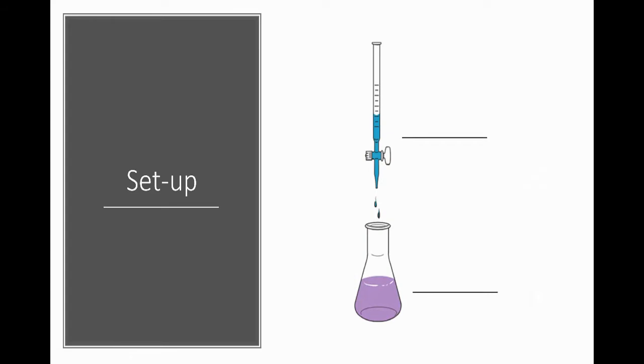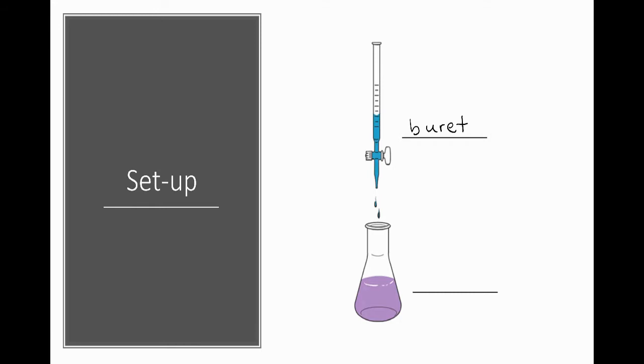Now, there are a few pieces of specialized equipment that are used during a titration, so let's run through those really quickly. Up top, it looks like a very long graduated cylinder, but this is called a burette, all right? The burette is specifically designed to allow you to drain a solution from the bottom.